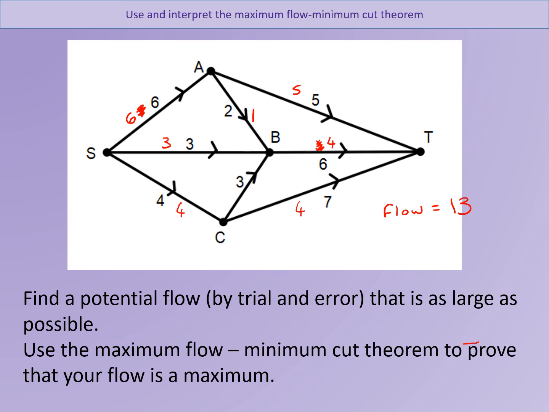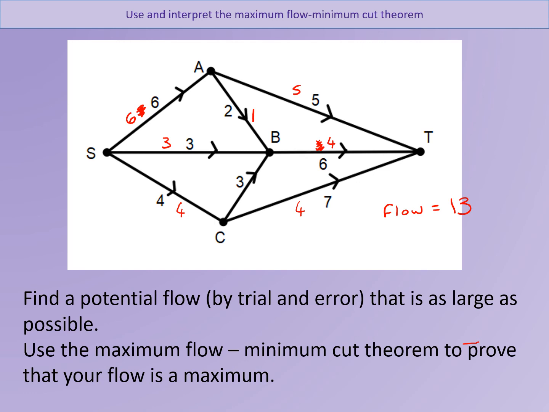If we can now find a cut that also has a value of 13, then that will tell us that we've found a maximum. So in order to find a cut, it's always good to try to look through any saturated arcs, because that is where the minimum cuts tend to be.